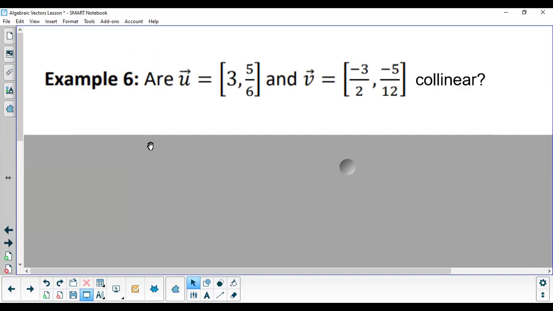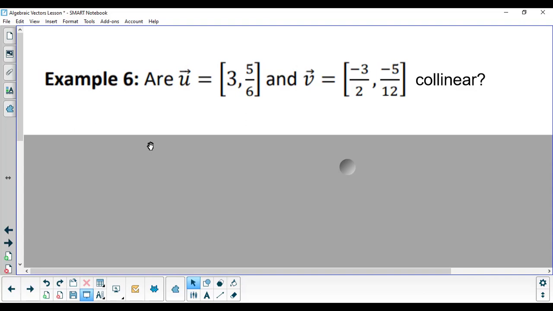So our vector u is defined as: my horizontal component is 3, my vertical component is 5/6. And vector v, where my horizontal component is -3/2, and the vertical component is -5/12. Are they collinear?